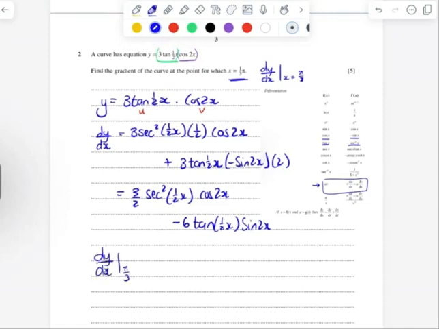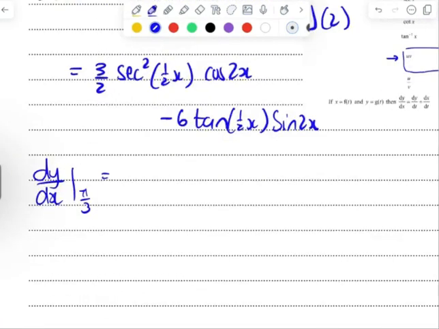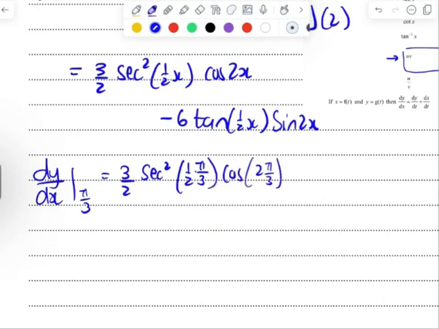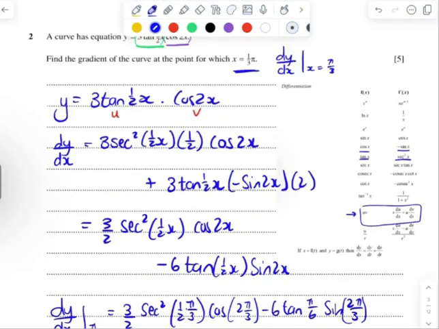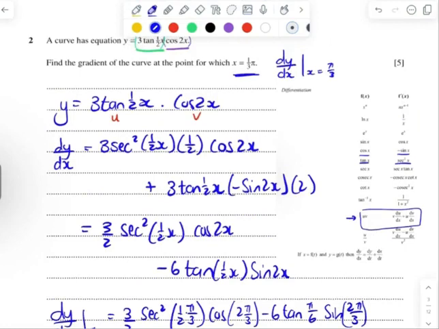So I'm now going to plug in my x coordinate. This is a half over 3. Okay, let's just take a look. They did not ask find the gradient of the curve, so they're not asking for exact values.